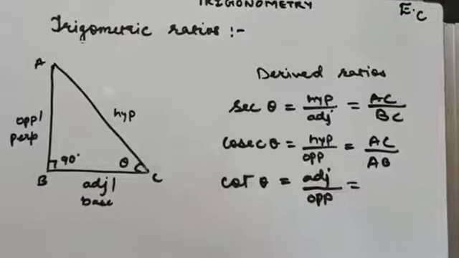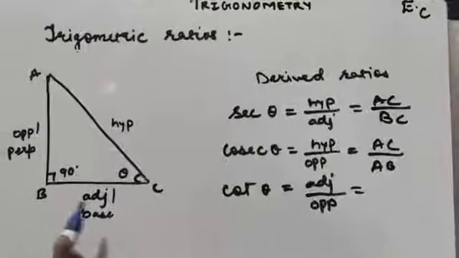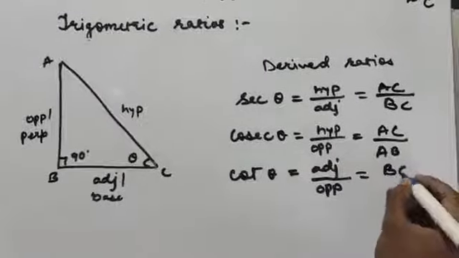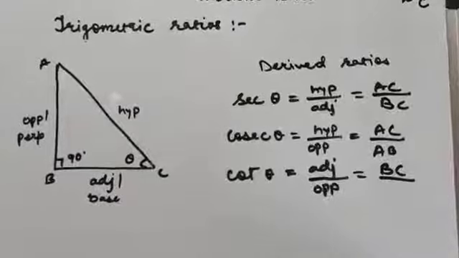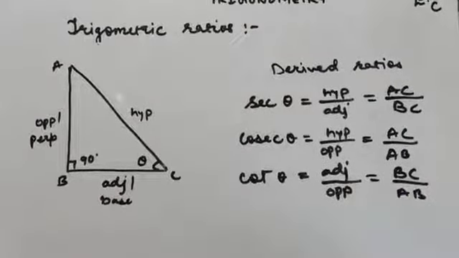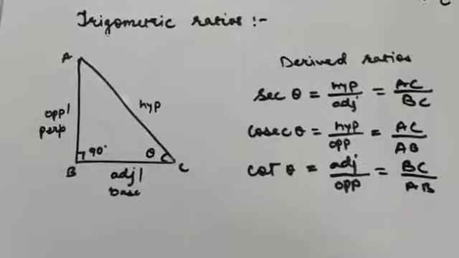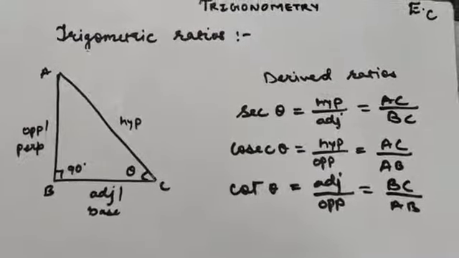Okay, so the adjacent side with respect to theta is side BC, and the opposite side with respect to theta is side AB. Okay, so in this way we have learned the 6 trigonometric ratios.